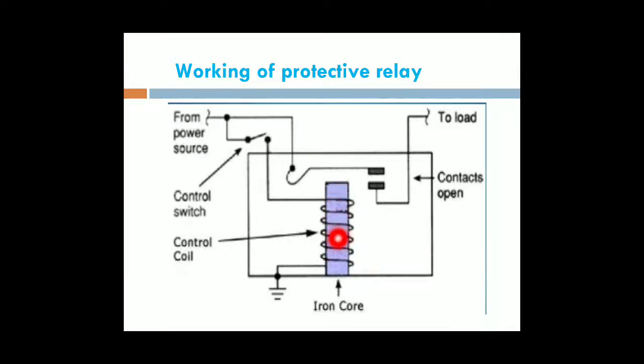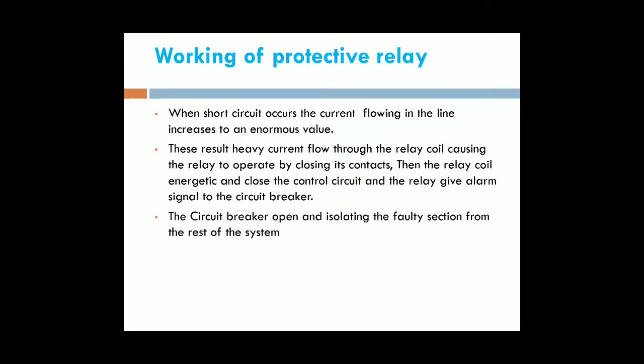If the relay coil is energized, more MMF is produced in the relay coil, and it closes the source circuit. Then the tripping circuit is closed, the contacts of the circuit breaker are opened, and the faulted line is disconnected from the circuit. This is the simple working of a protective relay.